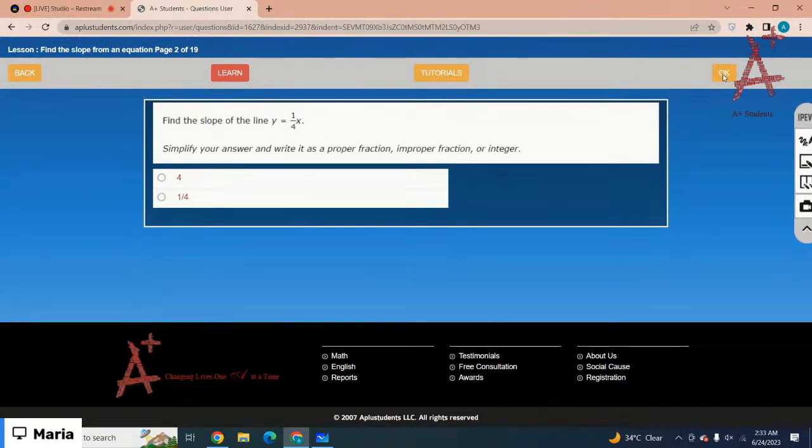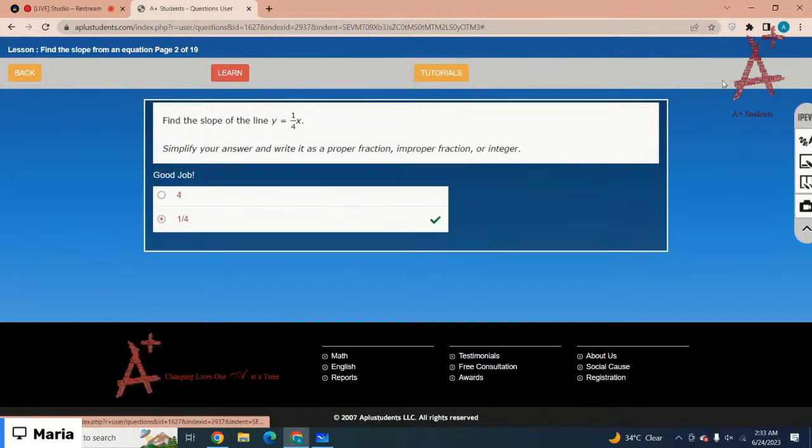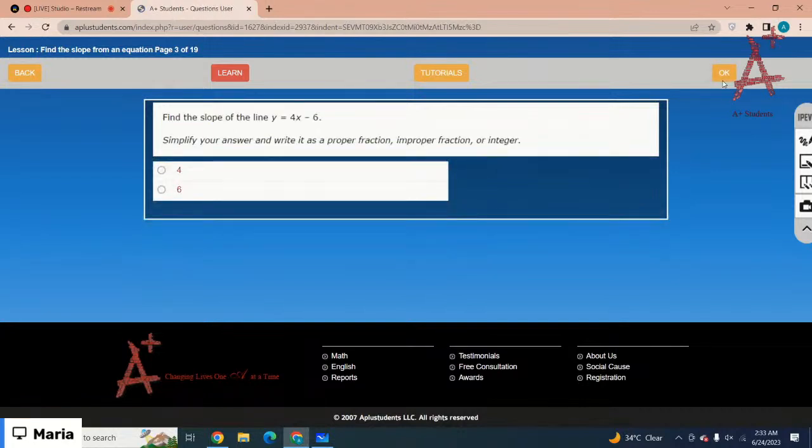Okay, find the slope of the line y equals 1 over 4x. So which is the correct option? The slope equals 1 over 4. Got it? You have b equals 0 here in the equation. Next, find the slope of the line y equals 4x minus 6.